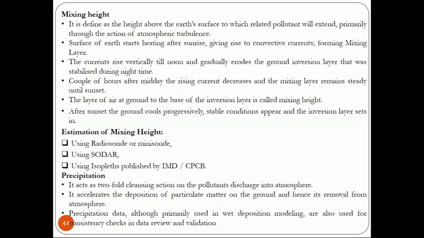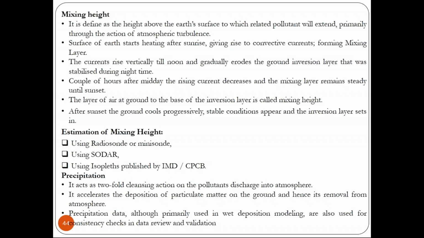We have it for some cities only. Now in our software like AERMOD or AERMOD View or CALPUFF, etc., all these models have the mixing height inbuilt. So one can immediately put in the name of that particular city, and the mixing height will be calculated by the software.